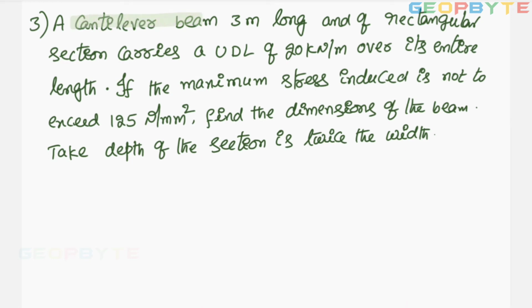A cantilever beam 3 meters long. Length of the cantilever beam is 3 meters, and rectangular section carries UDL of 20 kilonewton per meter over its entire length. The load is given, 20 kilonewton per meter.